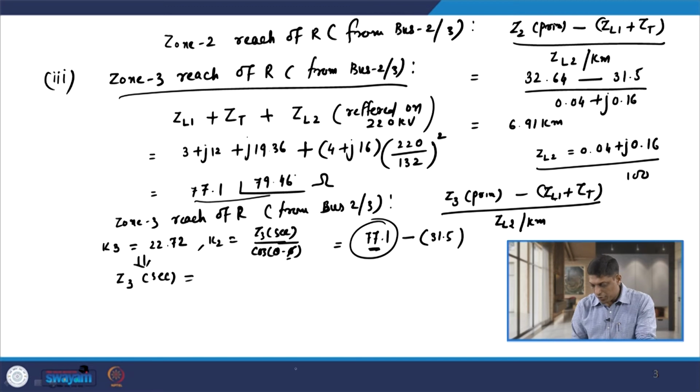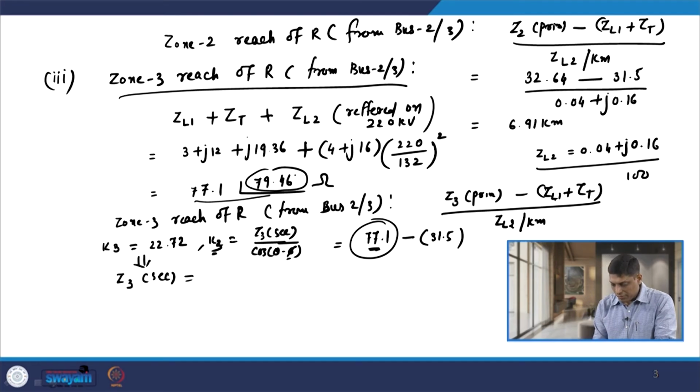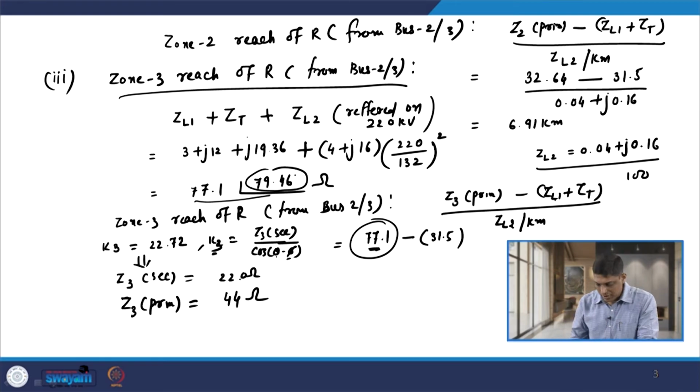Phi you need to use, that is this value, and theta is as it is, 65. So, K3 is given, you can find out Z3 secondary, that comes out to be 22 ohm, and if you find out the Z3 primary based on this, then that comes out to be 44 ohm, almost double because of the PT ratio and CT ratio.